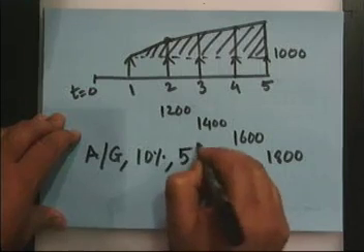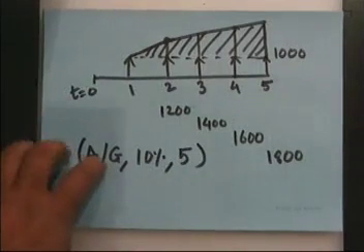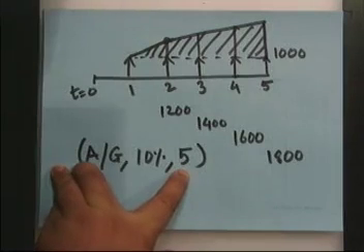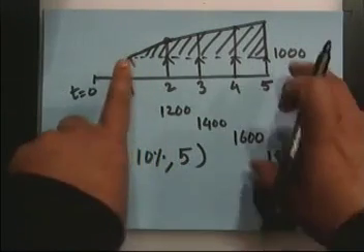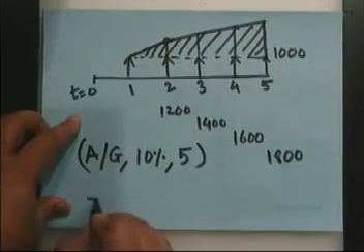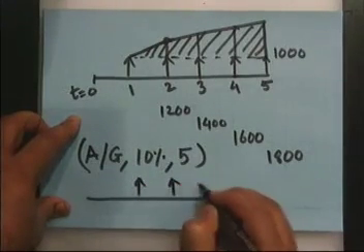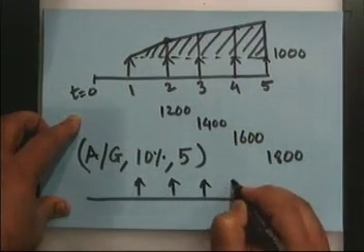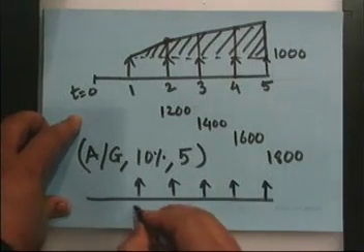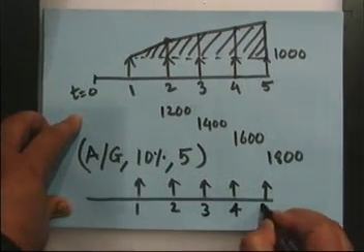So I will use 5 here. So this formula A given G 10% for 5 years is going to convert the triangular hatched portion alone into a series like this. Some value here, some value here, some value here, some value here, and finally some value at the end of year 5. So here you have 1, 2, 3, 4 and 5.